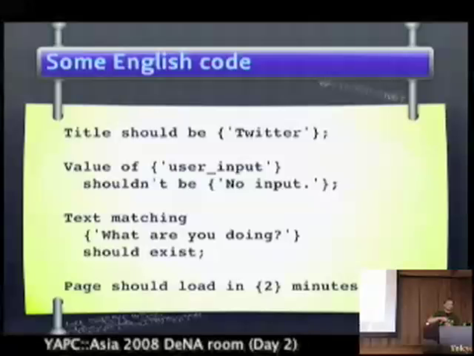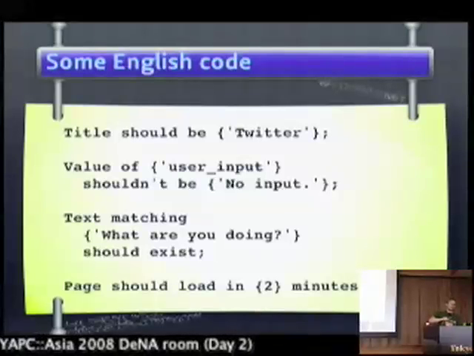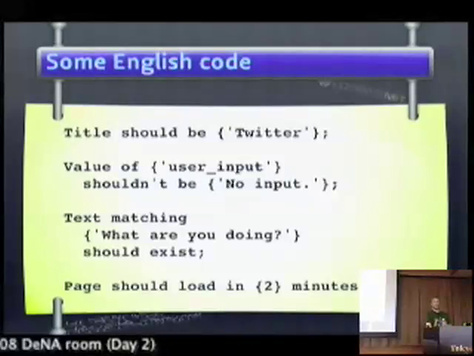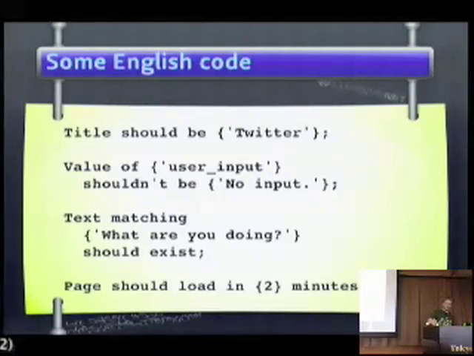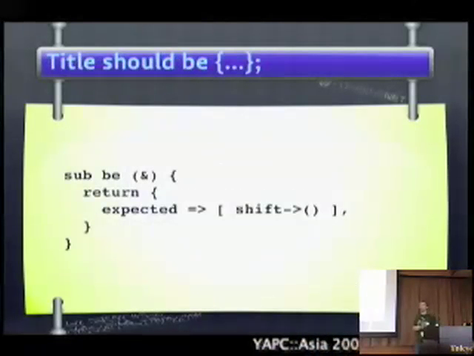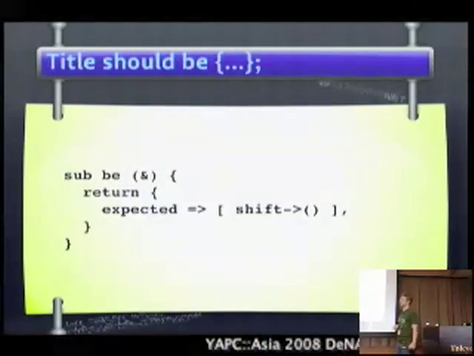And so what we're going to do from here is we're going to start deconstructing a couple of these. We're going to start with title should be Twitter, and we're going to look at what happens under the hood. Each of these bare words, title, should, and be, are all functions. So we have to work backwards because Perl interprets backwards.